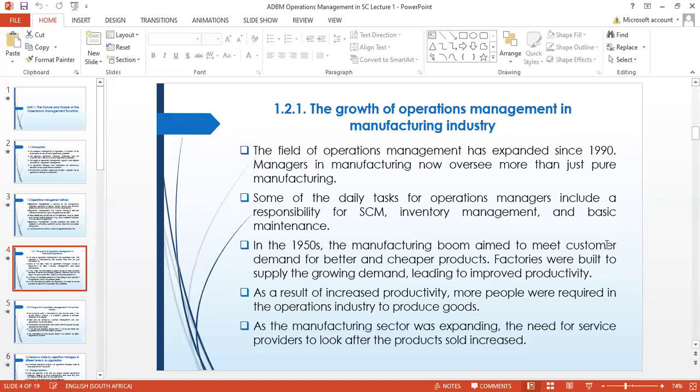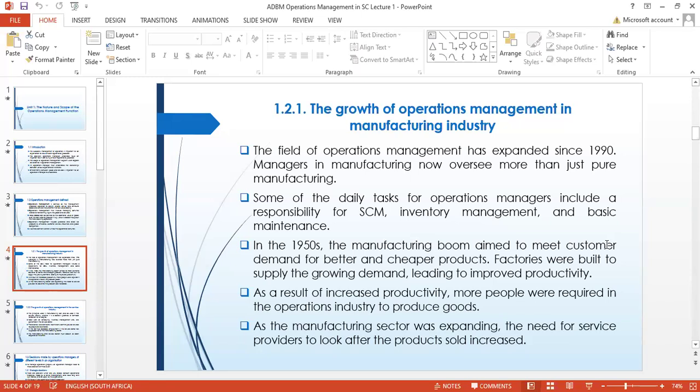Technology integration is also another responsibility. They ensure that technology is integrated into the operations management function to make it easy to produce the final product. They also ensure sustainability: that the practices carried out in the operations function have minimum negative impact on the environment.